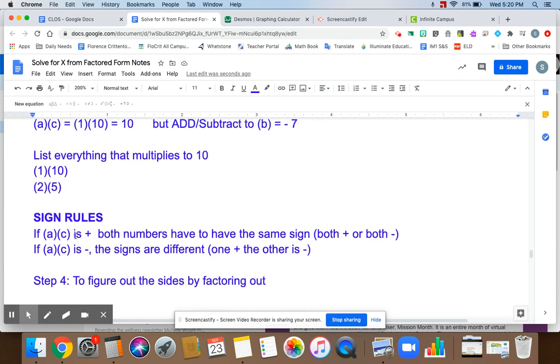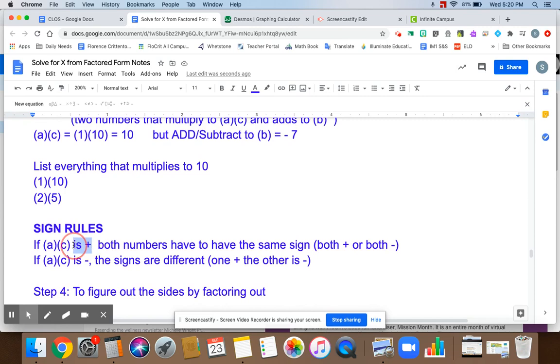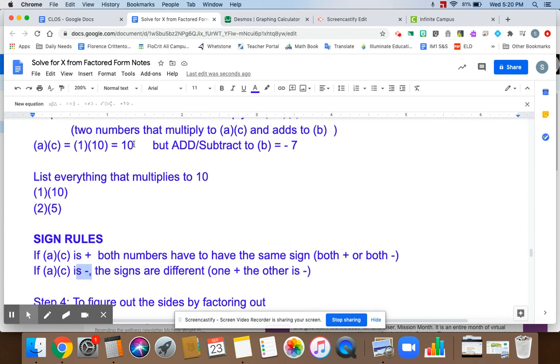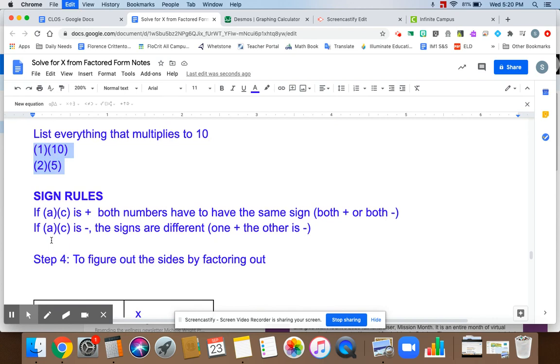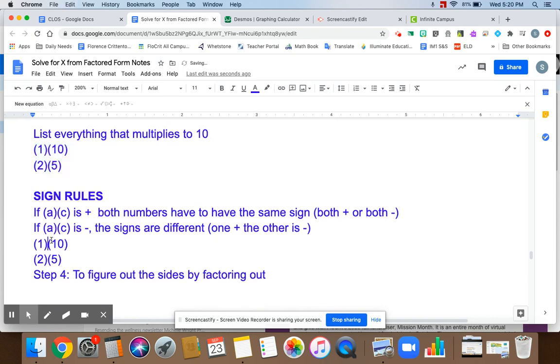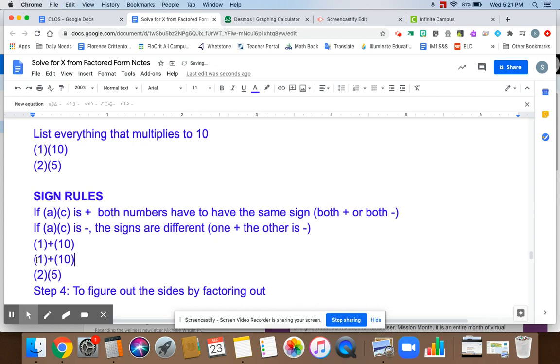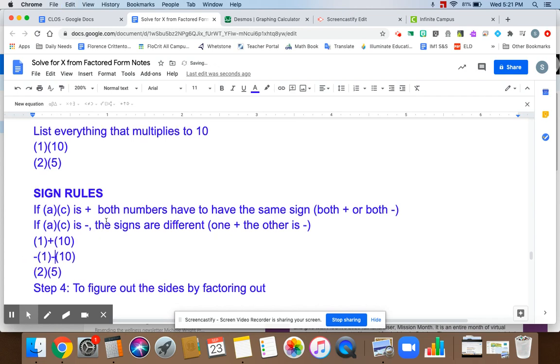Let's talk about the sign rules. A times c, was it positive or is it negative right now when I multiplied a times c? I got a positive 10, which means both of the numbers, whichever pair it is, have to have the same sign, either both plus or both minus. Which means if I test that, either they're both positive, like this, or they both have negatives in front, like that.